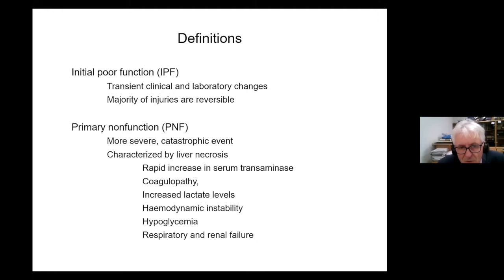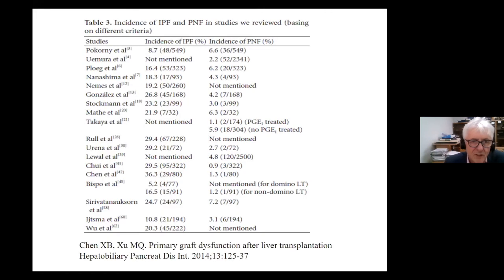As soon as you reperfuse the liver, you know something's wrong. What you see is a rapid increase in serum transaminases, a persistent coagulopathy, increased lactate levels, hemodynamic instability, hyperglycemia, and multi-organ failure. So this is really obvious and catastrophic.